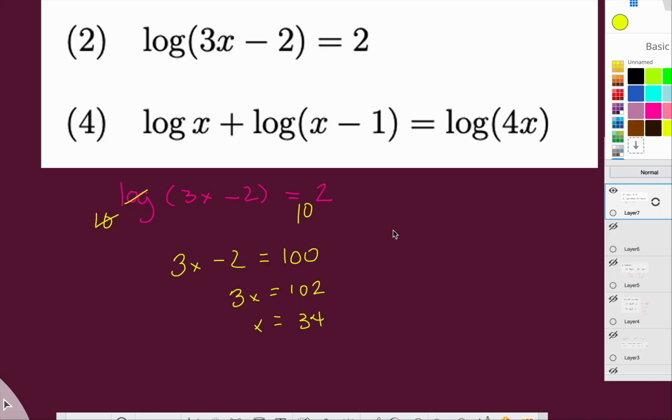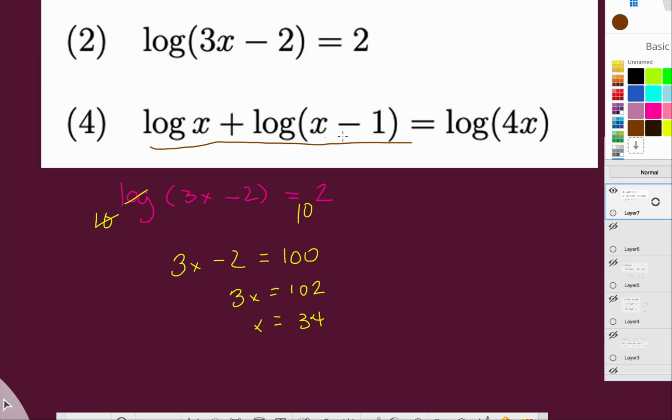And then let's do the next one. And this was the one that I showed you where I want 1 log on each side. And that's what I didn't tell you. If I have multiple logs on this side, yes, we could raise them. But it doesn't really work like that because of this addition.